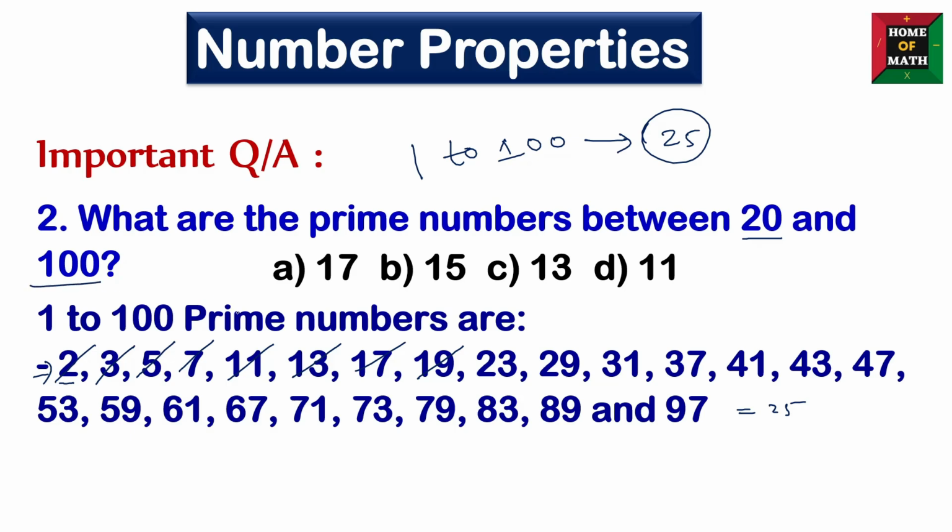Between 1 and 20, 2 is a prime number, 3, 5, 7, 11, 13, 17, and 19 are prime numbers. After deducting these eight, our answer will be 17. So the right answer is option A, 17.